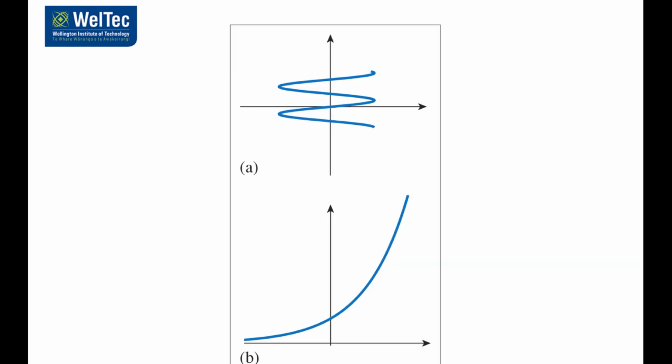Have a look at these ones. If you look at question A, graph A, and you apply a vertical line, look, 1, 2, 3, 4 y values. Over here the same, 1, 2, 3, 4 y values. It's not a function.